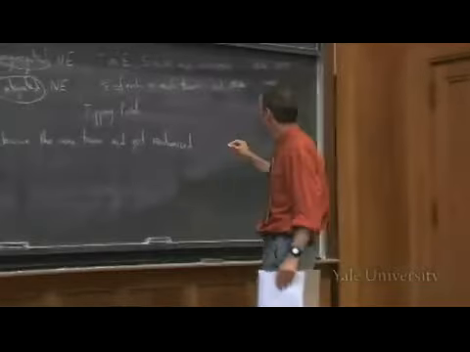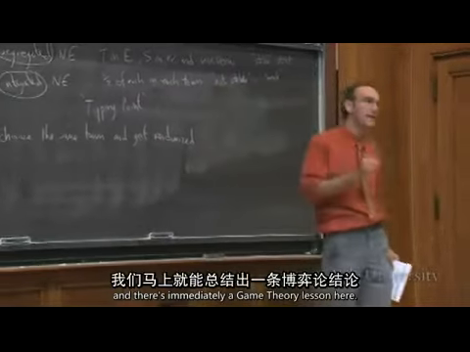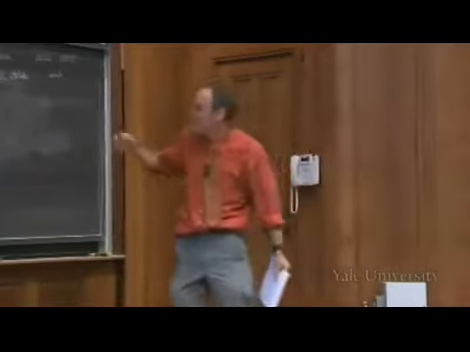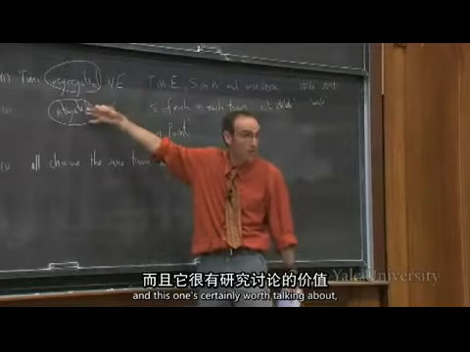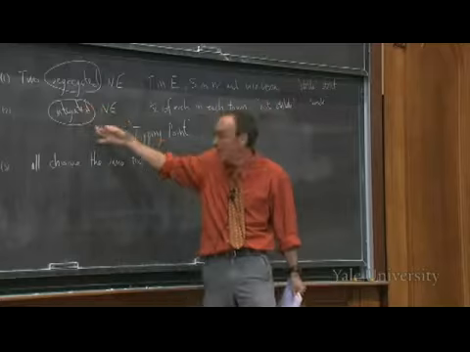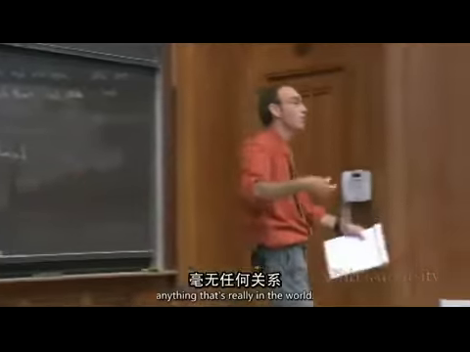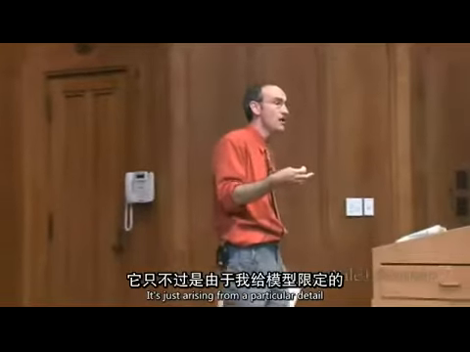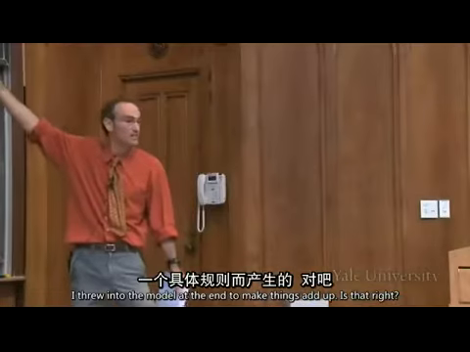All right, so this is a slightly odd equilibrium here, and there's immediately a game theory lesson here. This equilibrium sounds like something we might see in society. This one's certainly worth talking about. It seems a natural part of the game. This equilibrium seems to have nothing to do with anything that's really in the world. It's just arising from a particular detail I threw into the model at the end to make things add up.